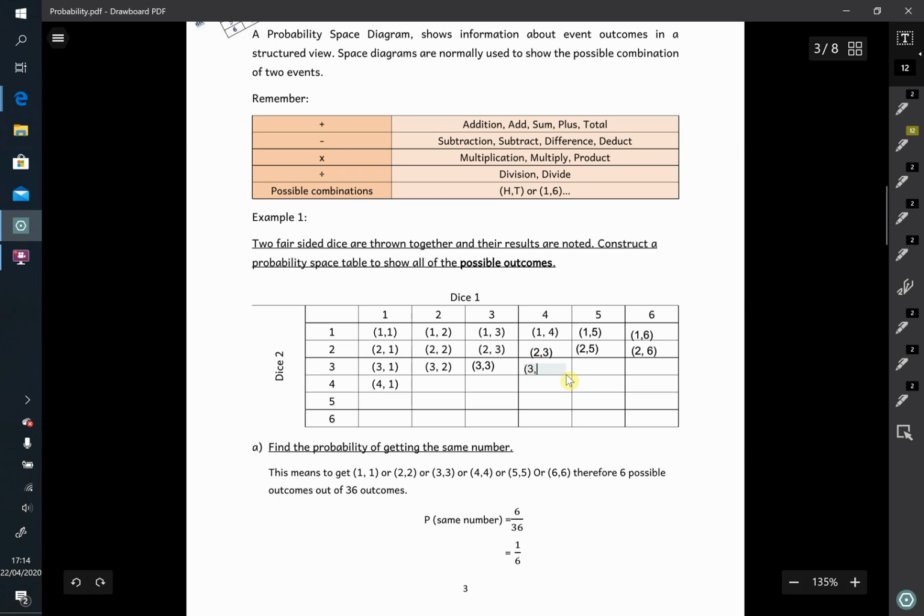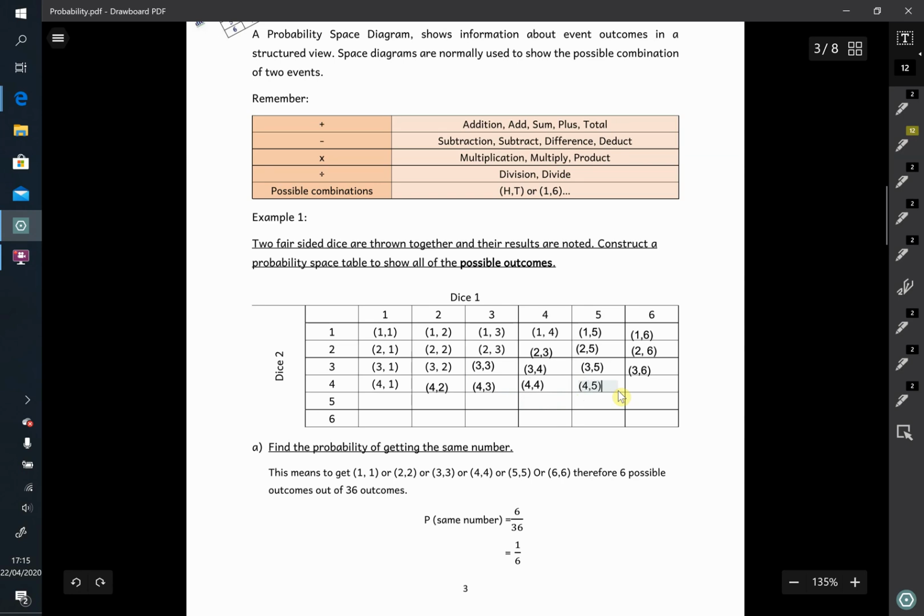So the row of 3, the column of 4, 3, 5, 3, 6, 4, 2, 4, 3, 4, 4. This is quite long, right, guys?